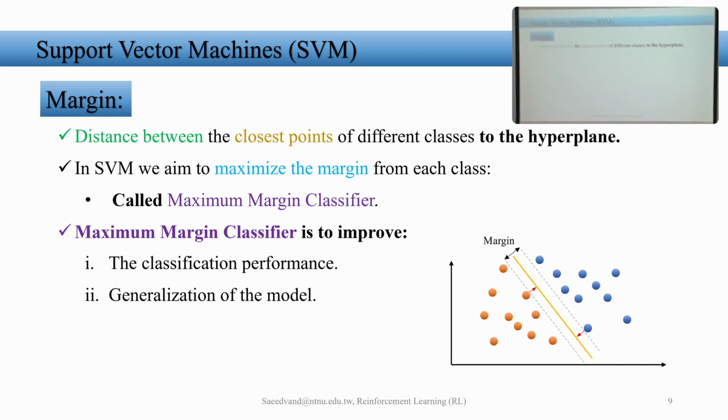So I defined the margin now. Now it should be very simple: the distances between the closest points of different classes to the hyperplane. In SVM, we try to maximize the margin, to push it to the border that fits the data.